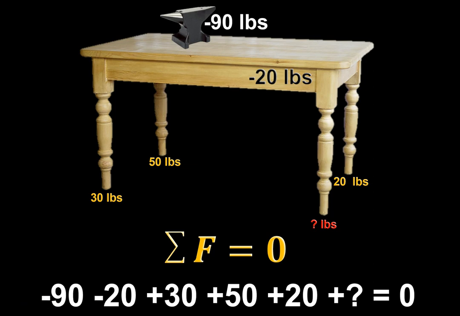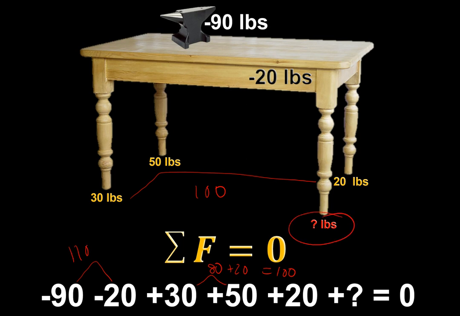So let's figure out what this is. 80 plus 20 gives us 100. So all the known forces give us 100. And then 90 and 20 give us 110.